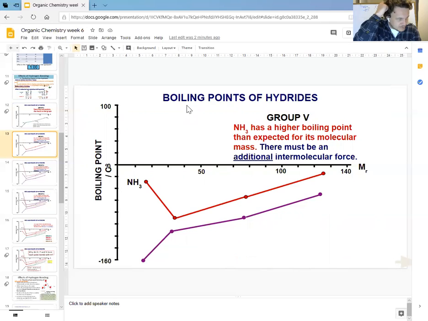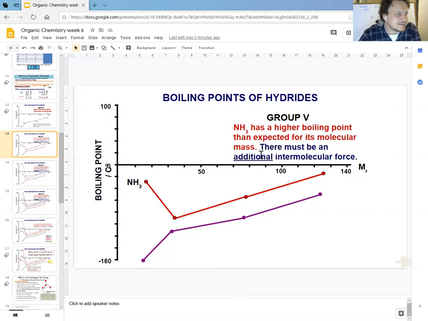So group 5, NH3 should not be there. If we look at the molecular mass of NH3 here, the molecular weight is 15, and it's got a higher boiling point than the next compound, which has a molecular weight of 70.